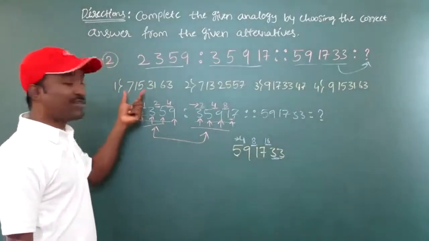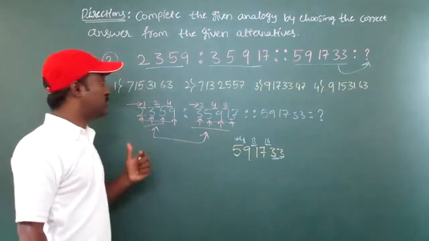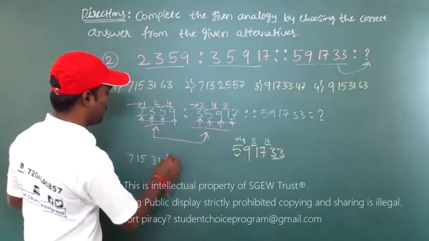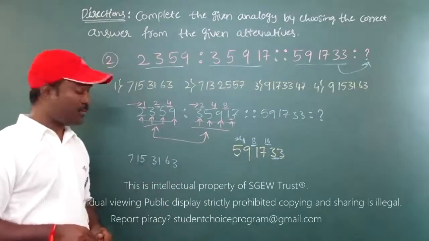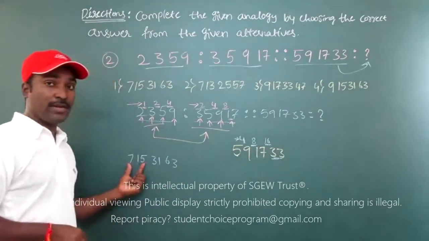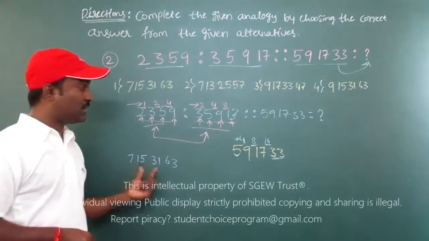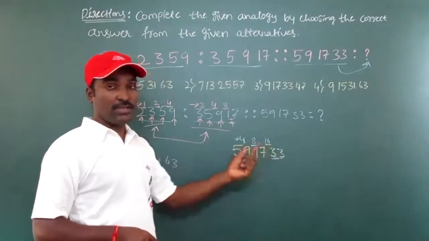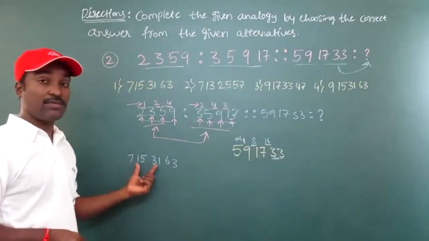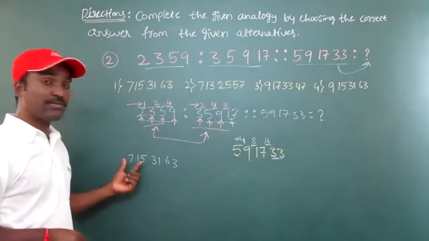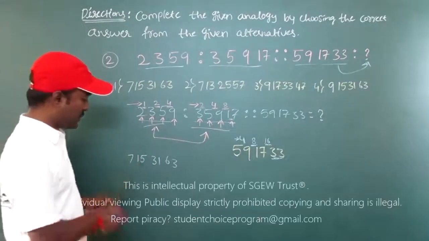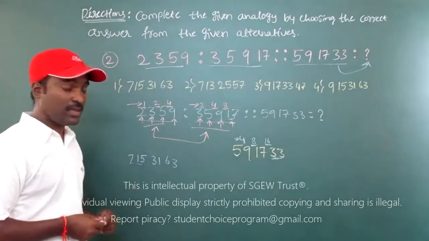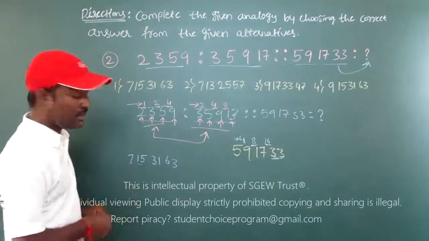So first, take the first option. The first option is 7, 15, 31, 63. If the difference between the neighboring digits is doubling, as 4 becomes 8 and 8 becomes 16, then that will be the right option. So let us take the difference between 15 and 7. It is 8.